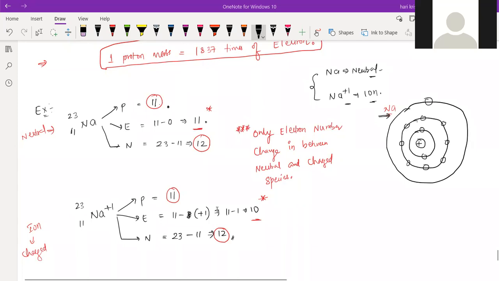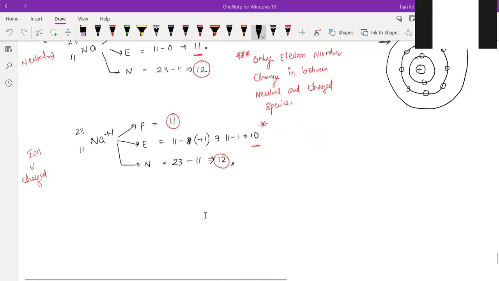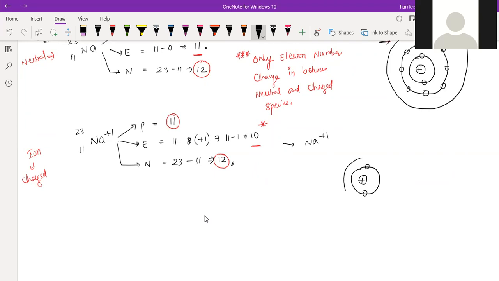So, what about in the case of sodium +1? The structure of this atom. First, we'll draw the nucleus. In the valence shell, as there is only one electron, it will lose that.